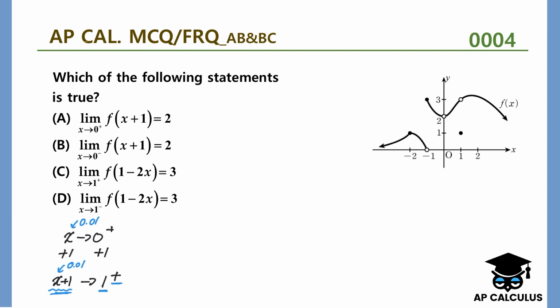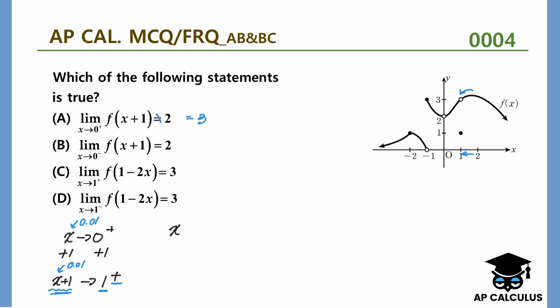So as x approaches 0 from right hand side, x plus 1 approaches 1 from right hand side, then the function, as x plus 1 approaches 1 from right hand side, approaches 3, right? So it is not 2. It is equal to 3. Does that make sense?